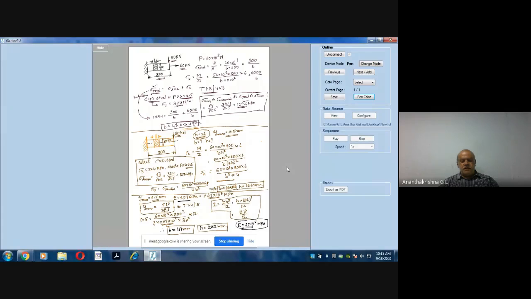Find the diameter of the shaft, assuming suitable material. Take FOS equal to 2.5.